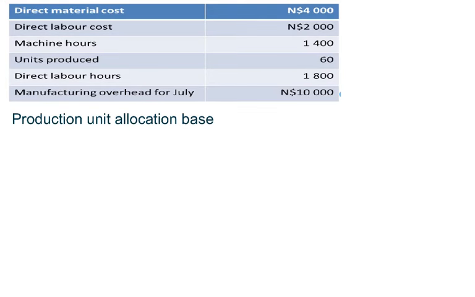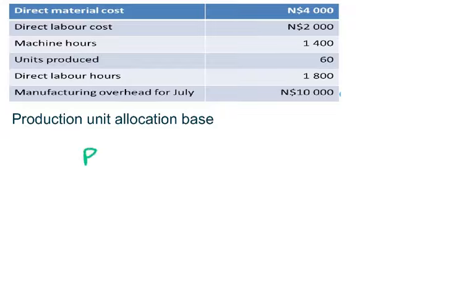Now in this exercise, we have a direct material cost, we have direct labor cost, we have machine hours, labor hours, then we have units produced, and we also have the total manufacturing overheads. So we will now use all these methods or bases to calculate our POR.